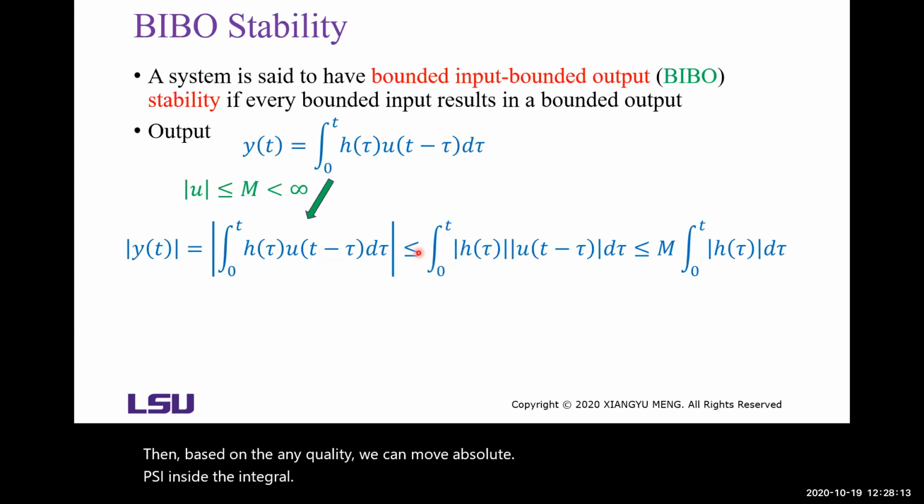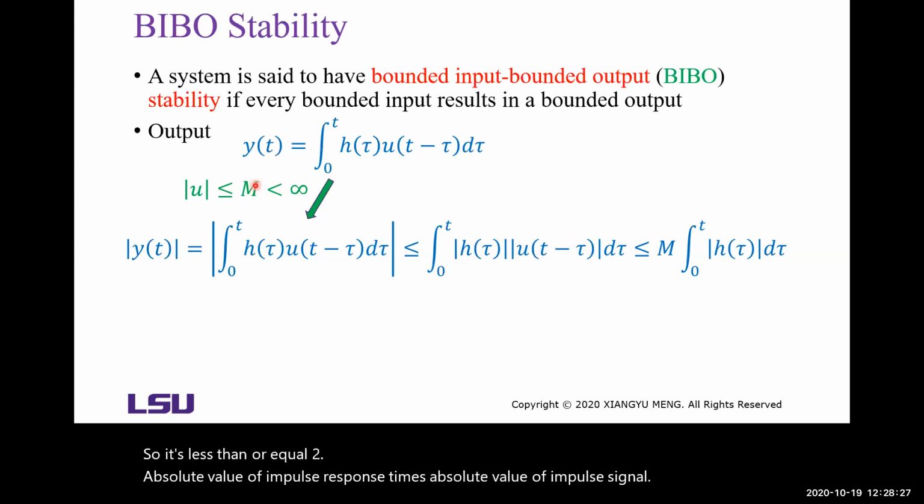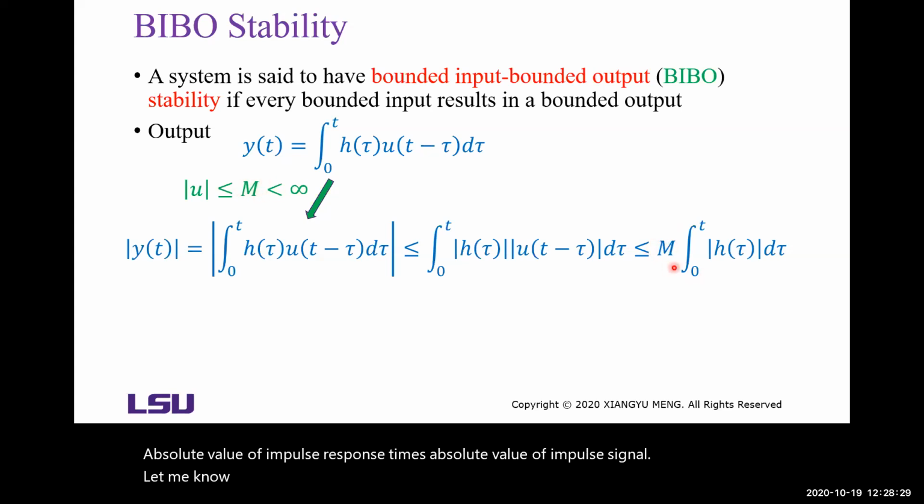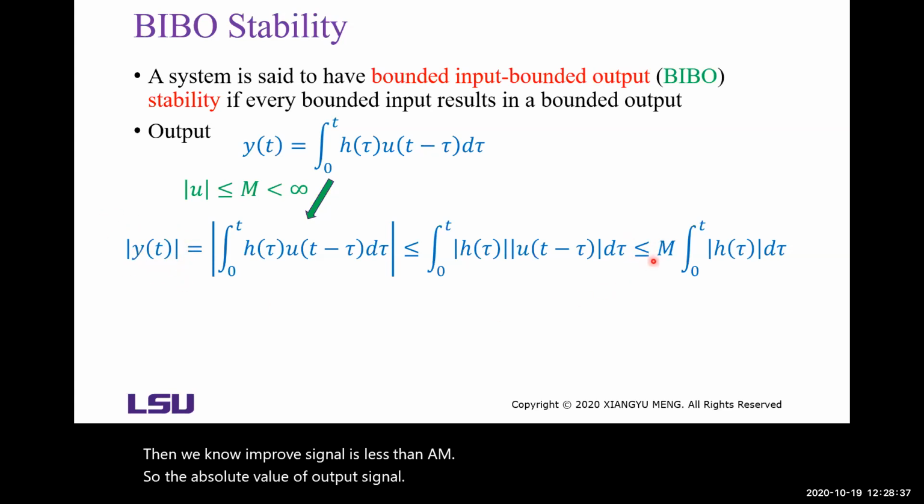So it's less than or equal to the integral of the absolute value of the impulse response times the absolute value of the input signal. Then we know the input signal is less than M, so the absolute value of the output signal is less than or equal to M times the integral from 0 to t of the absolute value of the impulse response.